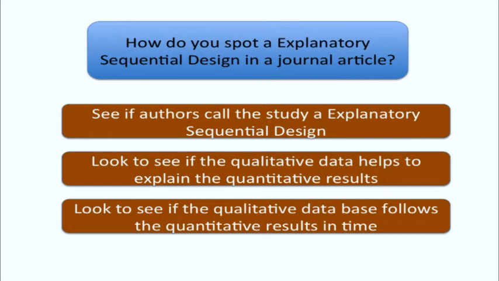It helps to explain the quantitative results. Do the authors make that explicit? And typically, the qualitative should follow the quantitative in any discussion. So look in terms of whether the results are built sequentially from the quantitative to the qualitative over time.